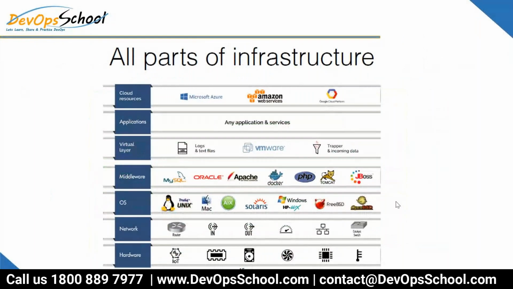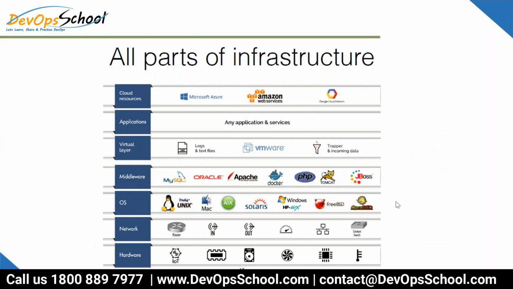So now you'll ask what part of infrastructure can be covered using Zabbix. You see that infrastructure here: hardware monitoring, Zabbix; network monitoring, Zabbix; OS monitoring, Zabbix; middleware, meaning your applications, Zabbix; virtualization monitoring, Zabbix; application and services monitoring, Zabbix; cloud monitoring, Zabbix.